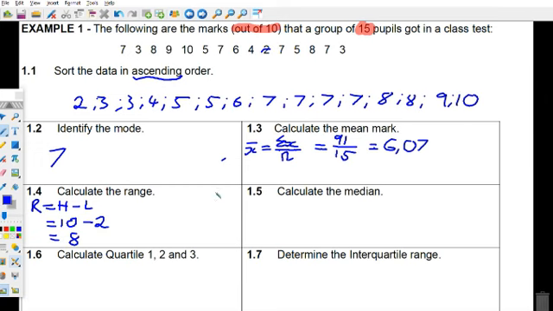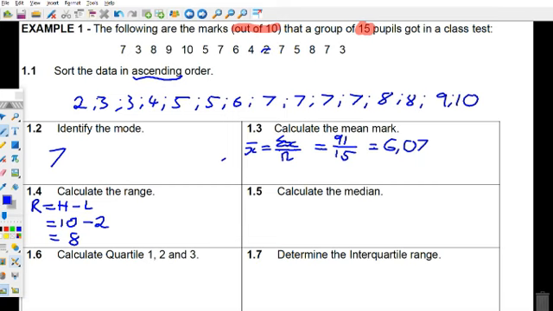Then calculate the median. The median is my middle number. How many numbers are there? 15. What's the middle of 15? 7.5. 7 times 2 gets us to 14, which won't quite work, so it needs to be more than 7. 8 times 2 gets us to 16.